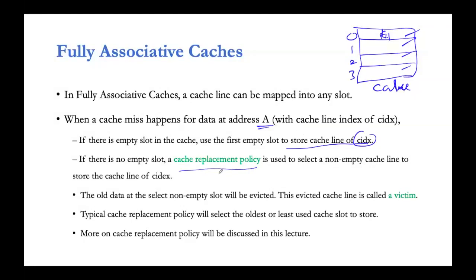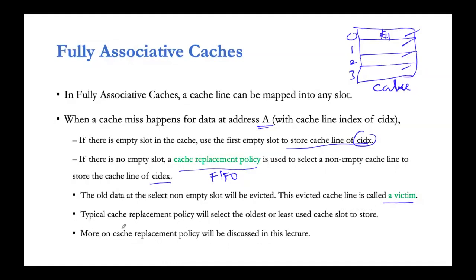In our discussion we'll take the first in, first out cache replacement policy, which is used to select a non-empty cache line to store the new cache line. So the old data at the selected non-empty slot will be evicted, and this evicted cache line is called the victim.